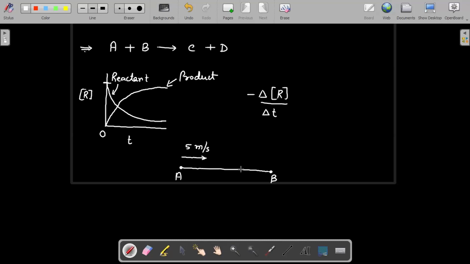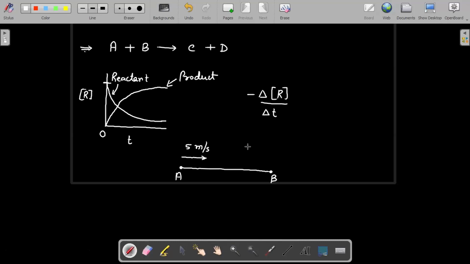So I can say a vehicle is moving from A to B with the velocity of 5 meter per second, or else I can say that the vehicle is reaching B with the velocity of 5 meter per second.